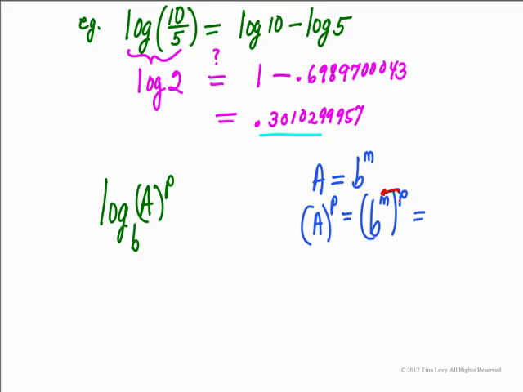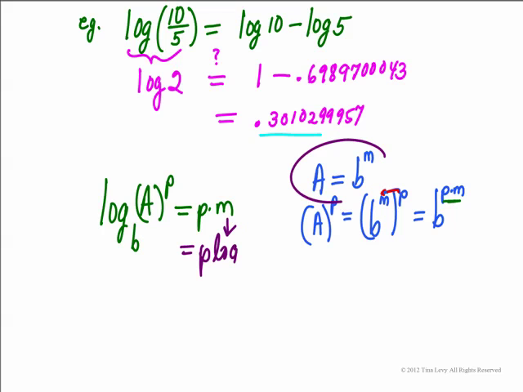But we're just going to be multiplying this exponent, and this is b to the p times m. So we are asking, what's the exponent of A to the p? And that exponent is p times m. But we know that m is the exponent of A, so it's p times log base b of A. So that gives us our last property of logarithms.